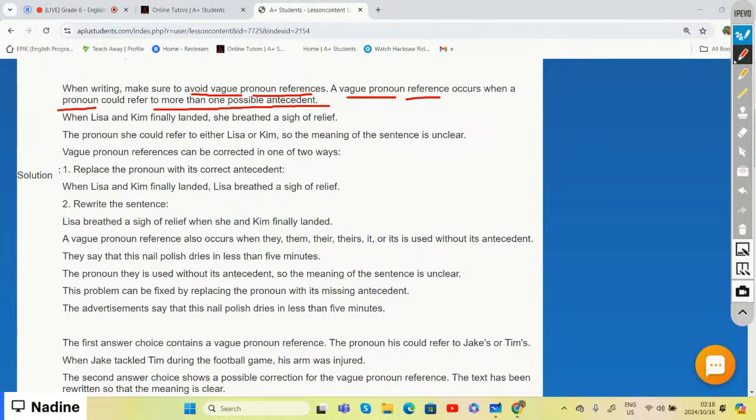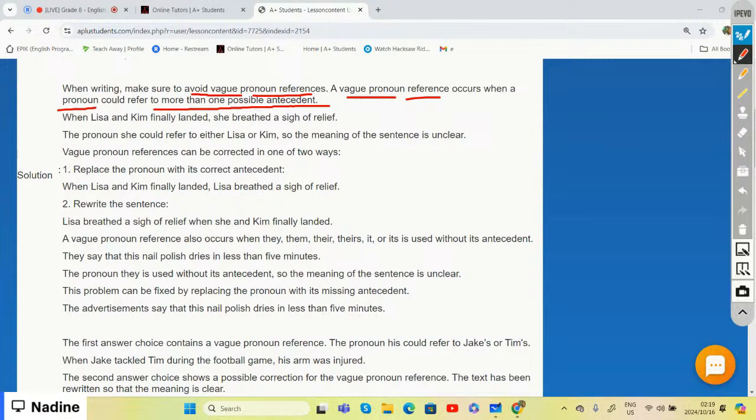And we made an example: when Lisa and Kim finally landed, she breathed a sigh of relief. Both Lisa and Kim were flying together and both of them got off the plane. So now the question is, who breathed a sigh of relief, right?